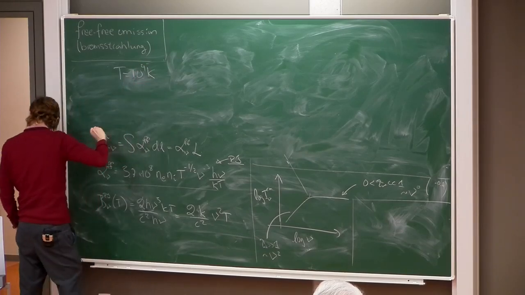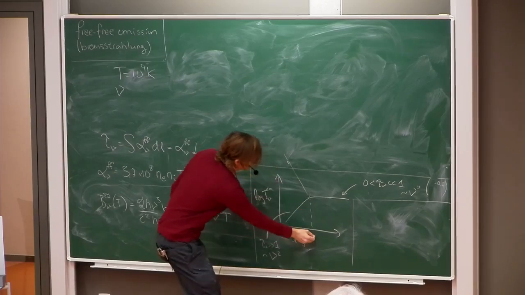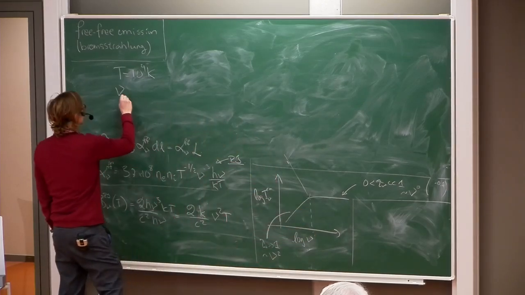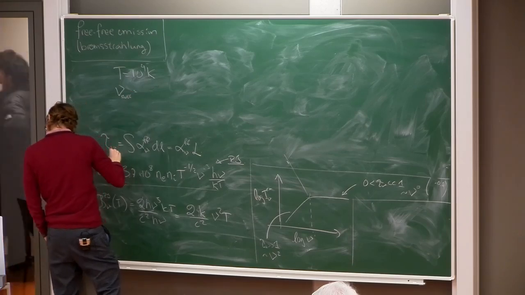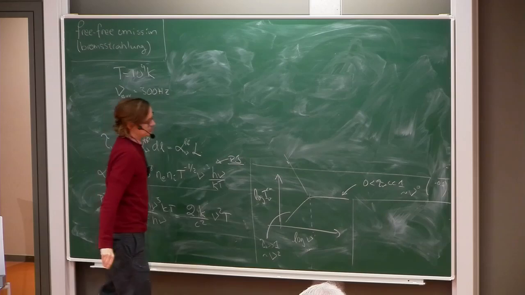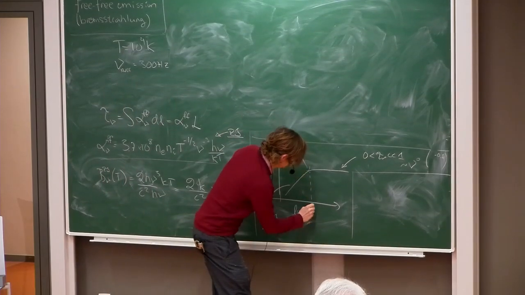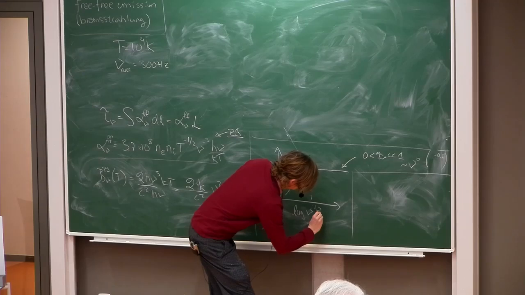Okay. Now, we observe this knee here at the frequency nu knee of 300 hertz, which if you look in the figure, it's not such a bad estimate. This is nu knee.